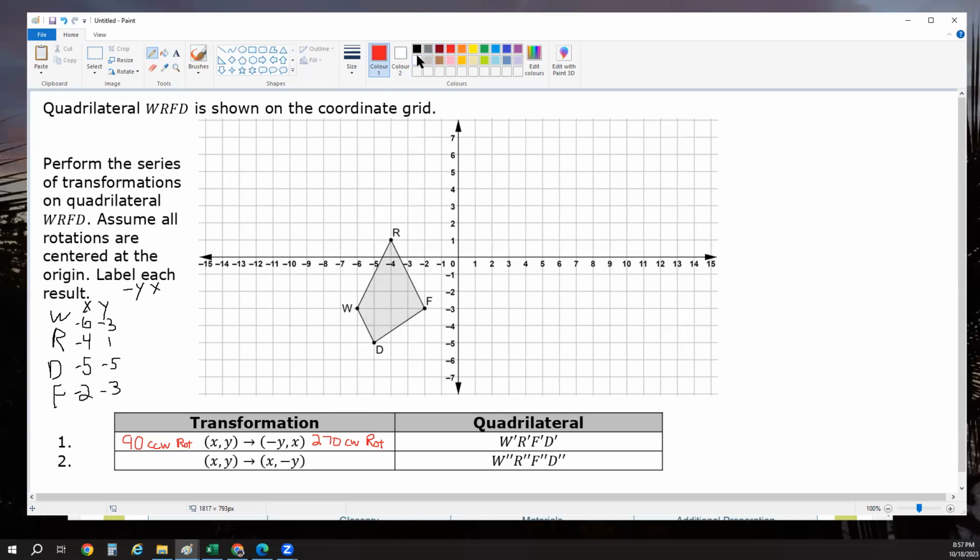And I'm going to now say that my new quadrilateral is going to be W, R, F, D, F, D, F prime.